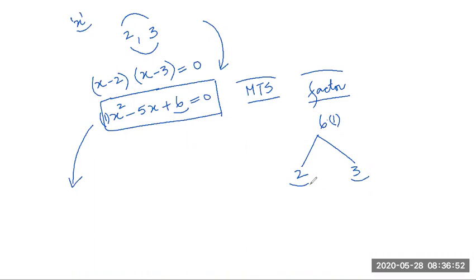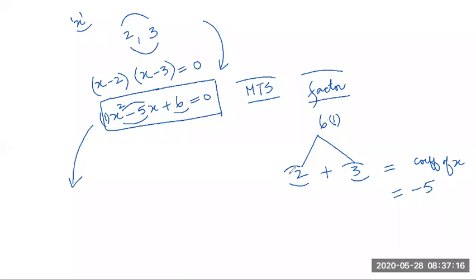Now, we want to write these two factors in such a way that when we add them, the sum should be equal to the coefficient of x. And what is the coefficient of x, students, in this case? Minus 5. So, 2 plus 3 is not equal to minus 5.